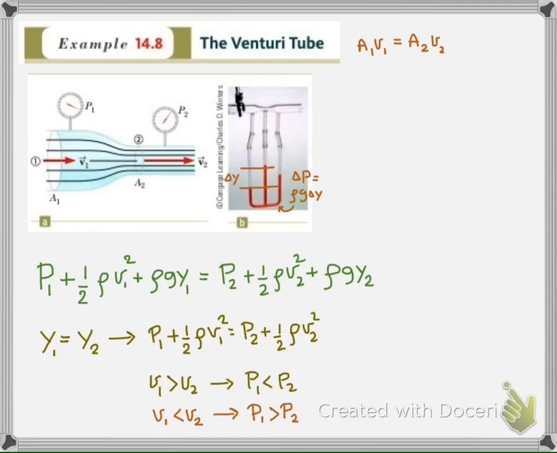But if we want to know the velocity here, we can do that if we know the cross-sectional area of this tube.